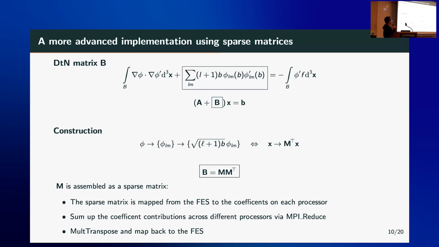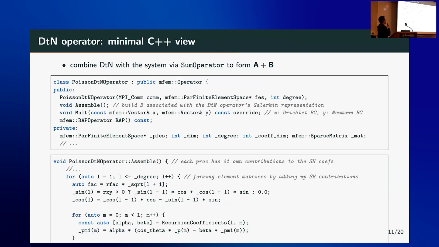Then when constructing M, we need to reduce and sum up all the contributions across processors. Finally, we map it back to the finite element space. We will show some minimal code about this class. The operator is assembled at the element level, and then we use them to form the global matrix.